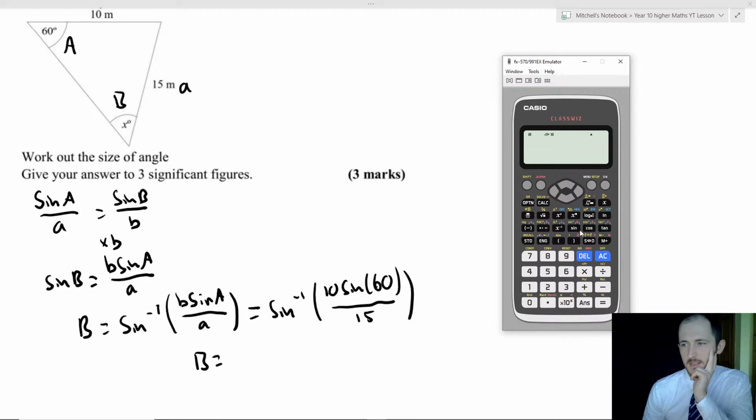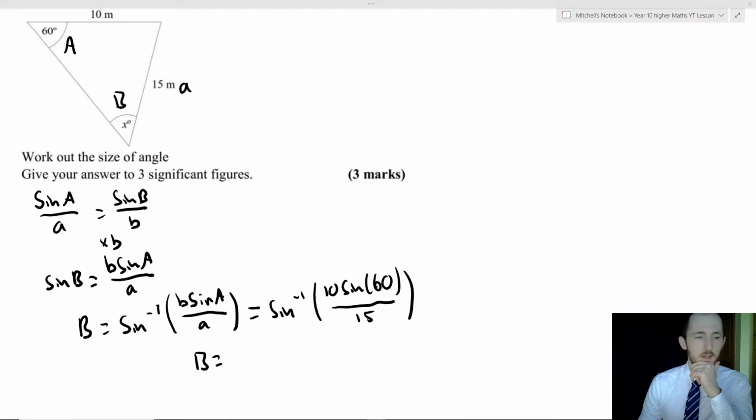So again, shift, sine, inverse sine. Again, I'm working outwards in, okay? Fraction button, because that's the next bit. 10 sine 60, over 15, bracket. 35.3, because it's rounding to 3 significant figures. So 35.3.